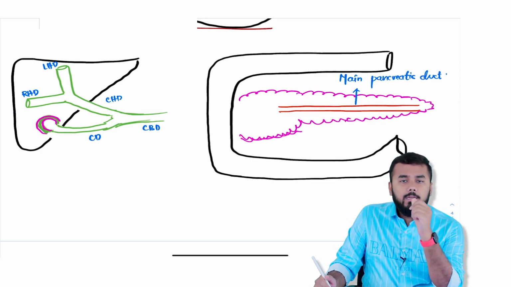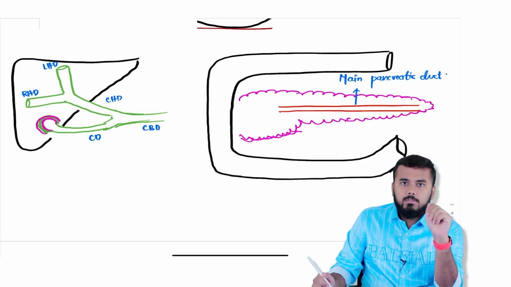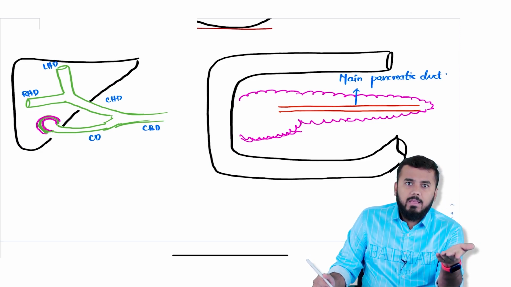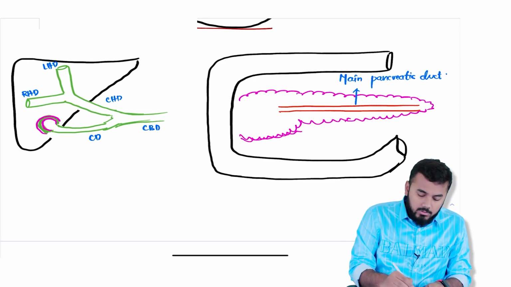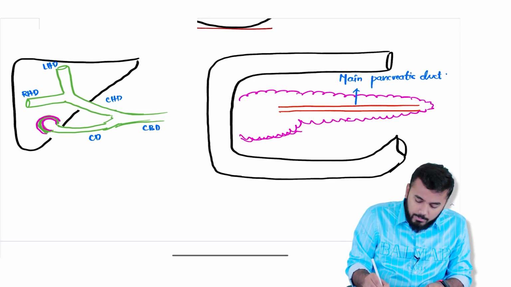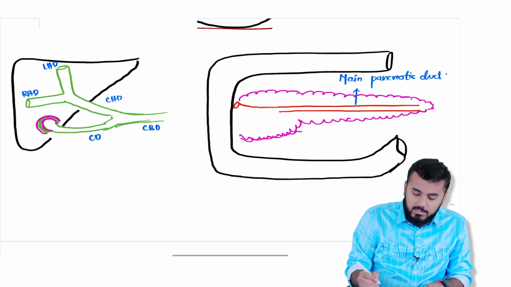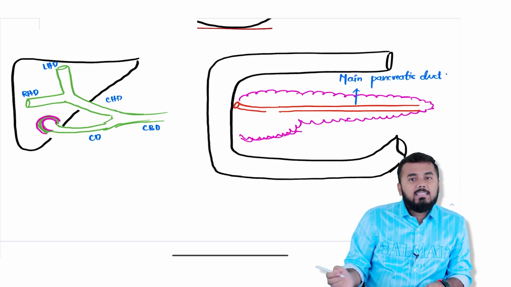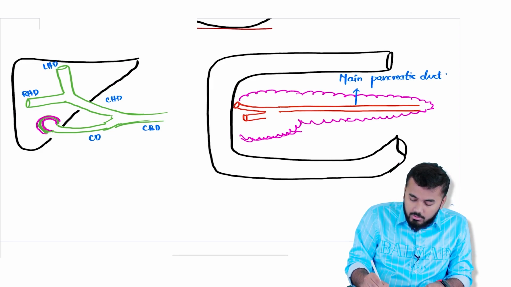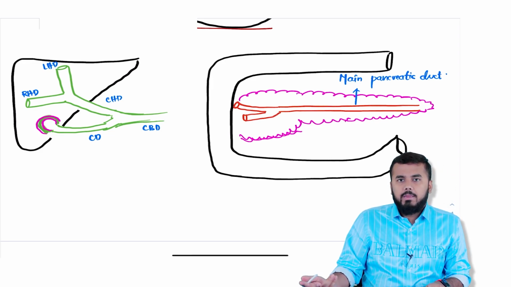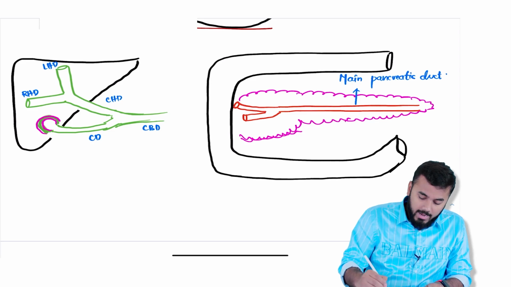Now the main pancreatic duct divides into two ducts. One is called the accessory pancreatic duct, another one is called the main pancreatic duct itself. This main pancreatic duct gives out a branch that goes onto the top like this. This branch is called the accessory pancreatic duct, whereas the next one is straight like this. This is called your main pancreatic duct. Let me highlight it.